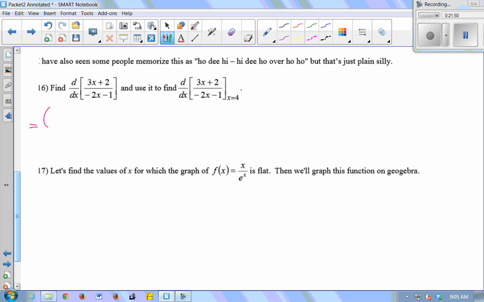So denominator, negative 2x minus 1, times the derivative of the numerator, which is 3. Derivative of 3x plus 2, the numerator, is 3.